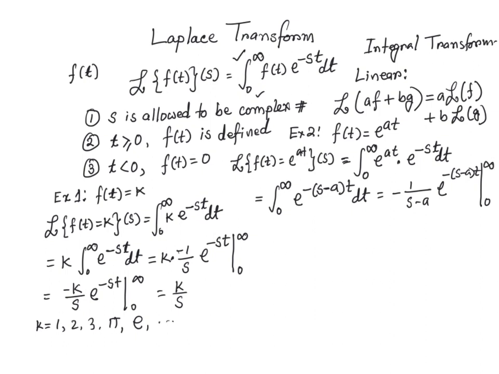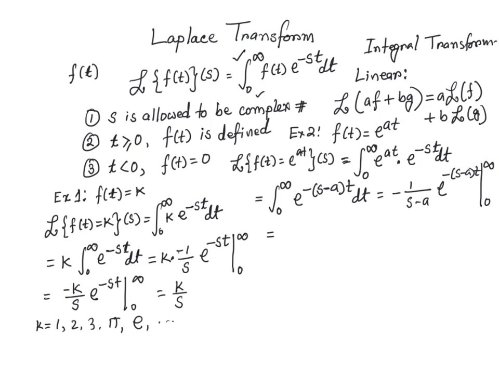Again, I'm being a little informal here. I'm not taking the limit for the improper integral, so just take it as it is. I just put 0 and infinity as the lower and upper bounds respectively. If I simplify it, what am I going to get? When t goes to infinity, that term is going to be 0.